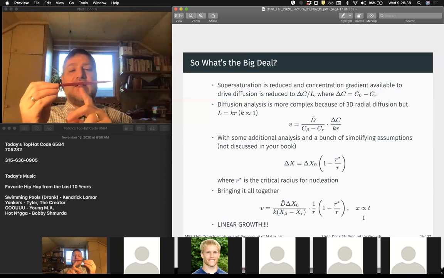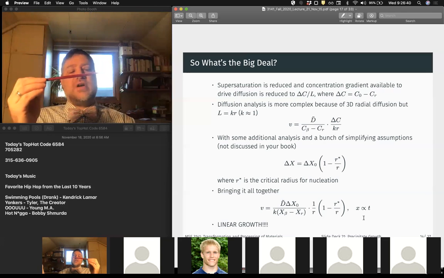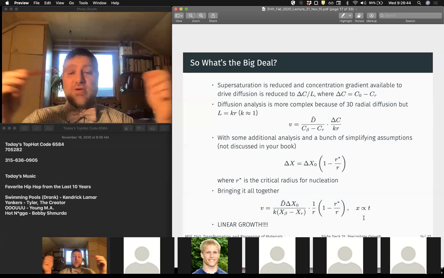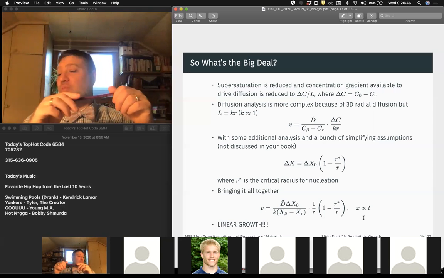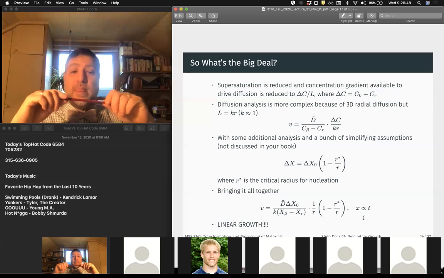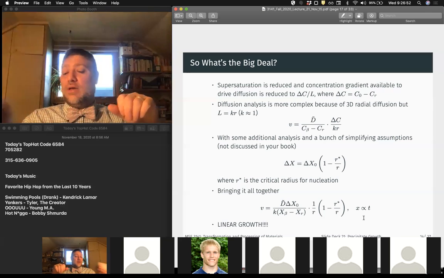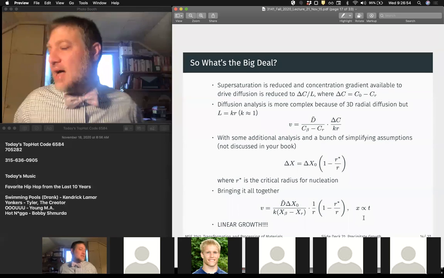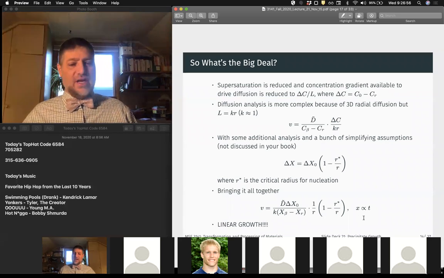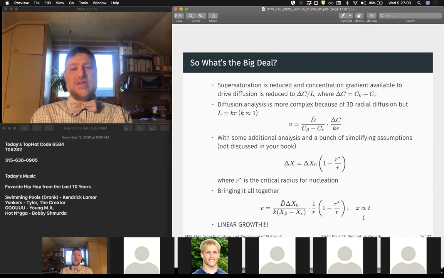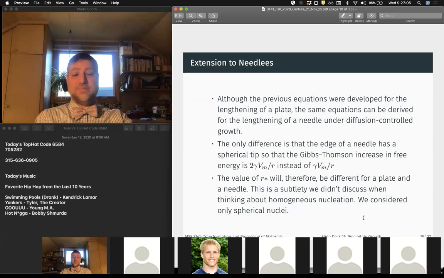Meaning that my interface is going to grow by a factor of 100 this way and 100 this way, or my length is going to go up by something that's proportional to 200, right? So whenever it's possible, we see plate-like morphologies that come up all the time, and that's because of this feature.